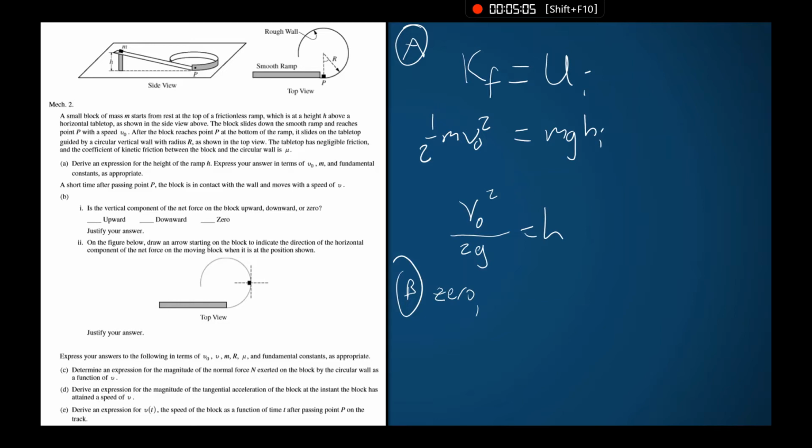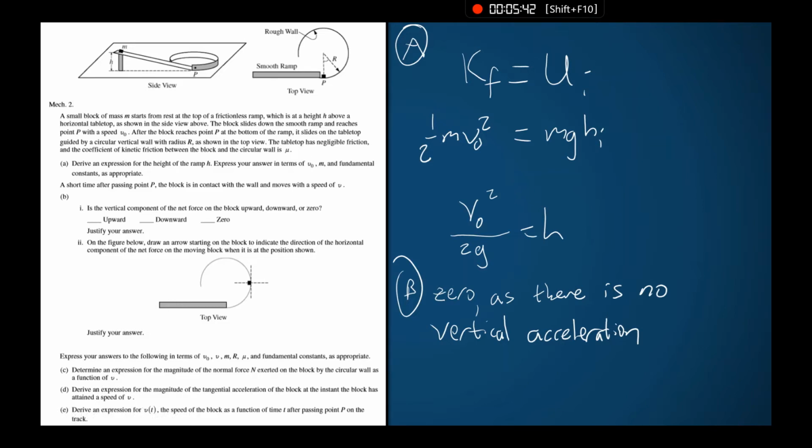Is there any acceleration vertically? Right. Okay, 0, as there is no vertical acceleration. Our normal force is balancing with gravity, otherwise our object would be going through the table.